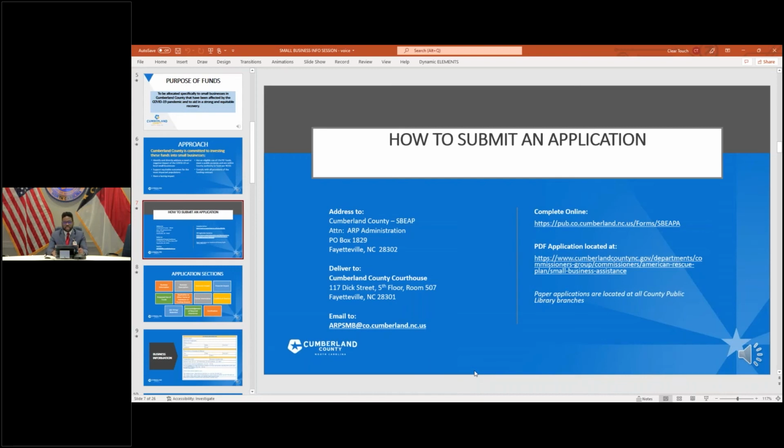Again, these funds are meant to impact businesses for costs associated with COVID-19, March 3rd, 2021 and on. So if we're talking about that period, then you would want to include that ask in your application.